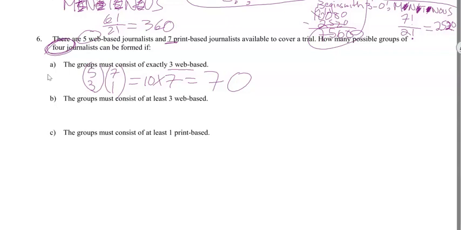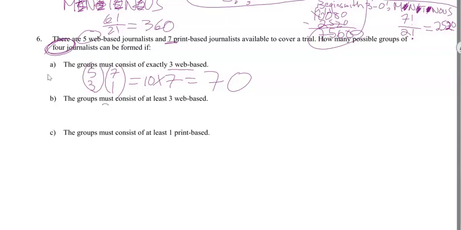At least 3 web-based. So how many web-based are there if there are at least 3? There could be 3 or 4. That's it, because we are picking 4 journalists total, so we don't need to get fancy about it.